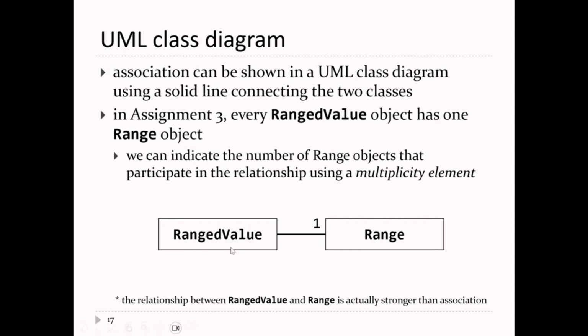So every RangedValue object has its own internal Range object, and you can model that as an association relationship. An association relationship is shown with a solid line, no arrows. If you want to, you can include the multiplicity. What this diagram is saying is that every RangedValue object has one field whose type is Range.